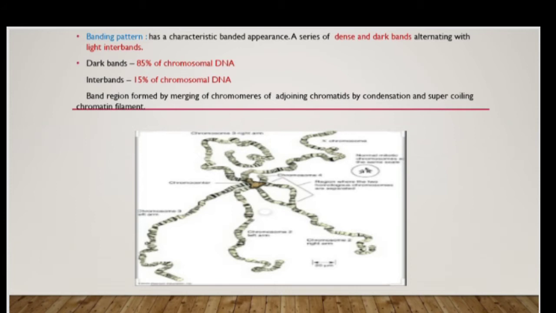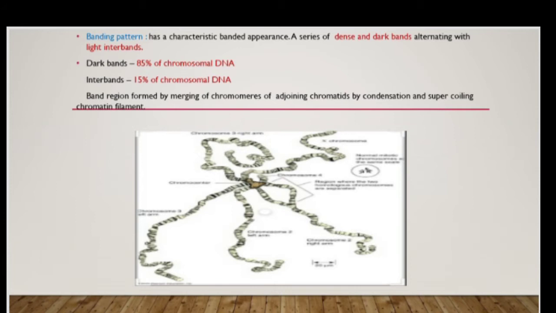The important feature of polytene chromosomes is their distinguished banding pattern. They have a characteristic banded appearance, a series of dense and dark bands alternating with light interbands.